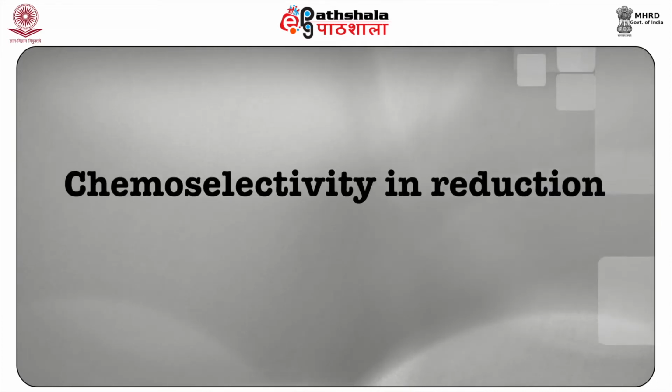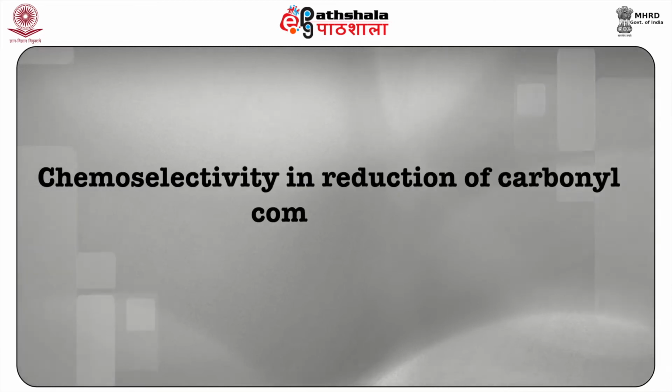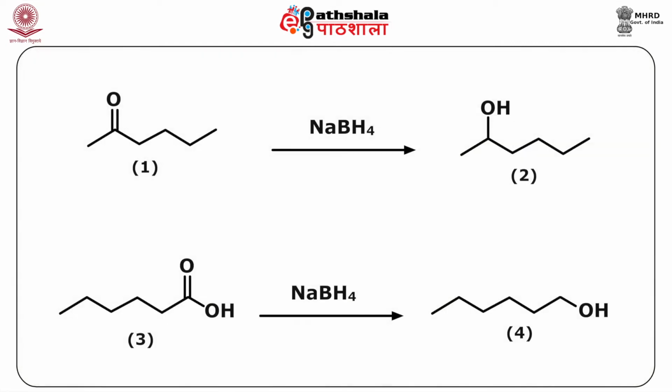Chemoselectivity in reduction. Chemoselectivity in reduction of the carbonyl compounds. In general, a compound with a single functional group, like a ketone, for example 2-hexanone as shown here in the figure, or a carboxylic acid group, can be reduced to alcohols, 2-hexanol and 1-hexanol, as shown here in the structures.